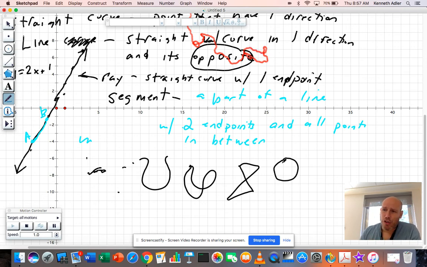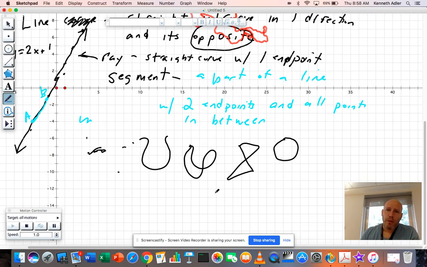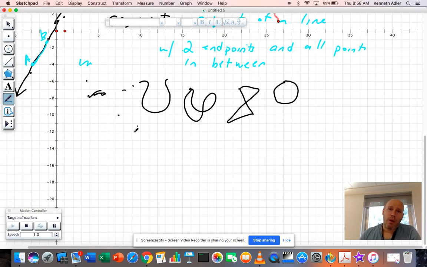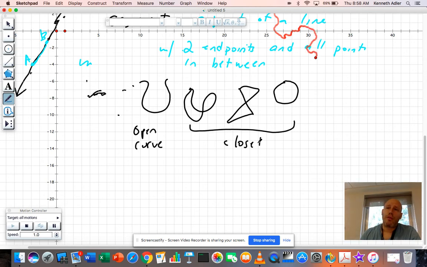So the question I ask the students is, what curve stands out? How are they the same? How are they different? Well, this is an open curve, and these are closed curves.